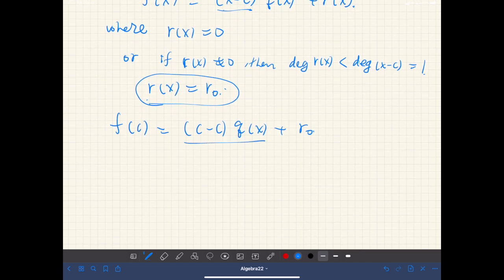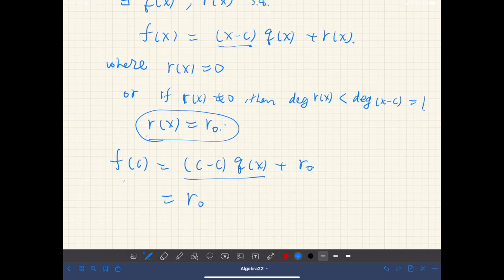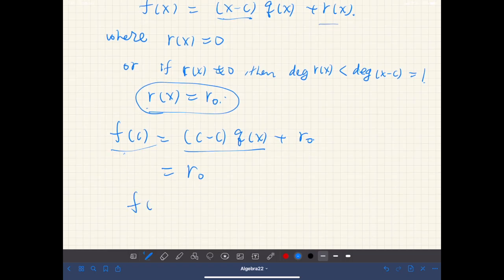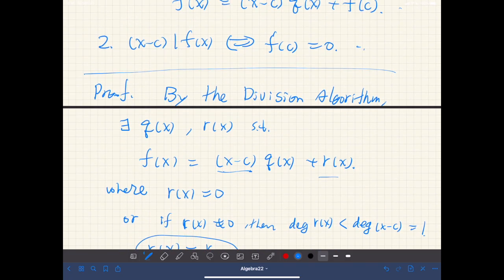But this part is 0. So r_0 is equal to f of c. So we replace r of x with f of c, then we have the desired equation. And we are done. And from this, the second part should be trivial.